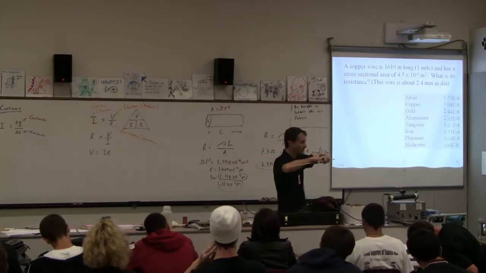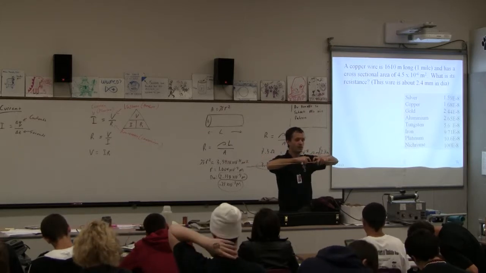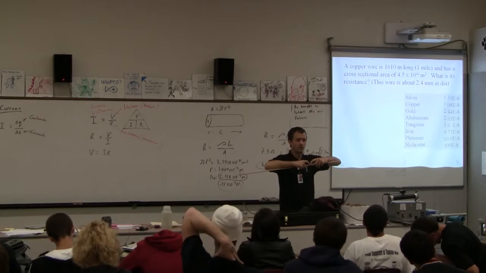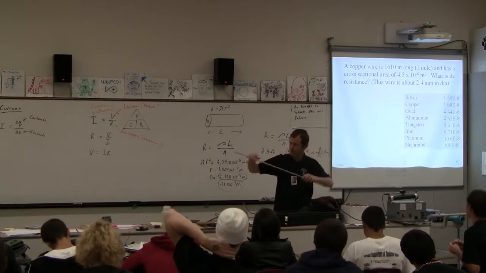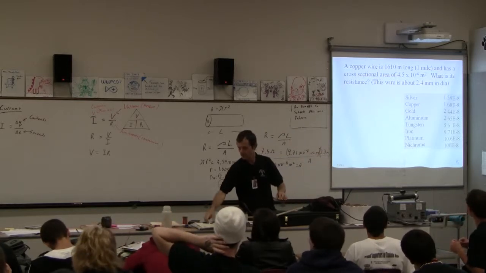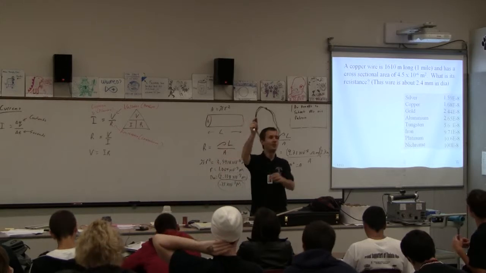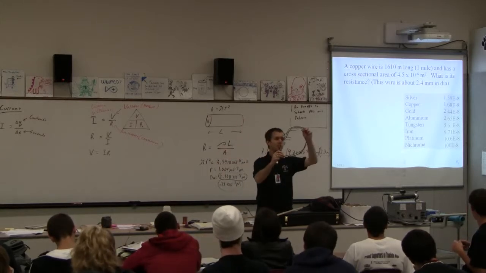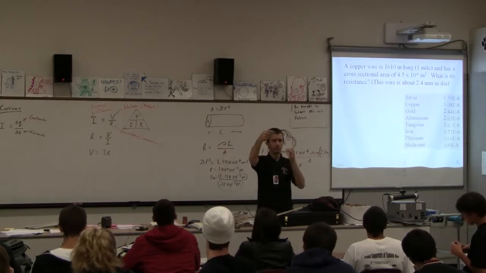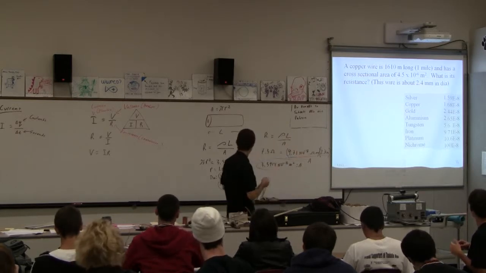Wait, no, it's a quarter of a centimeter in diameter. So it is a radius about as big as this wire here. Let's make this wire a mile long. What is its resistance? You're going to use this formula here.